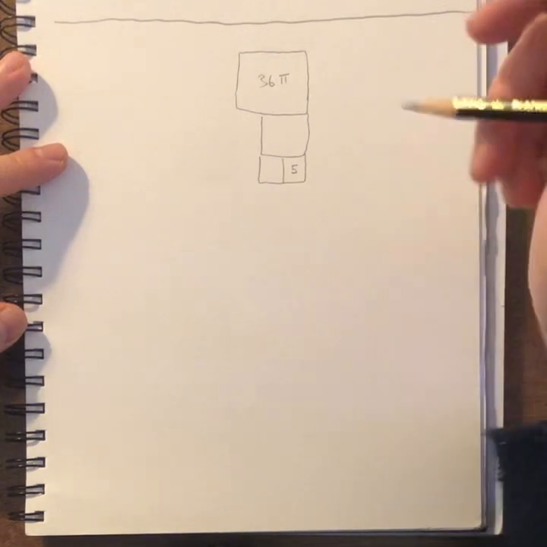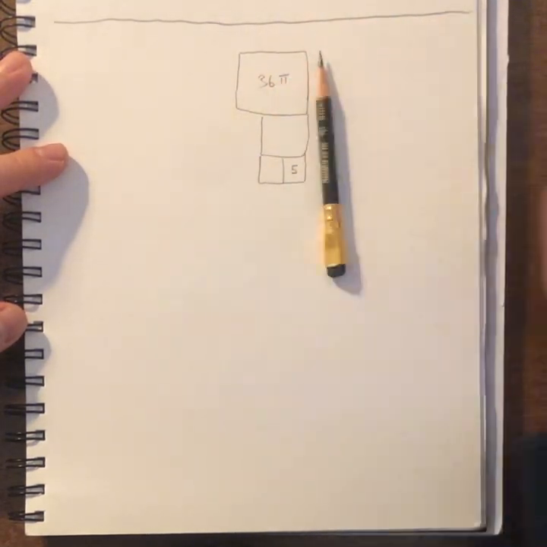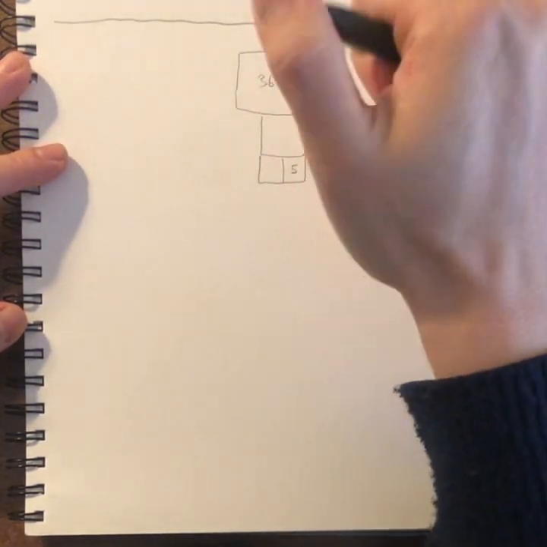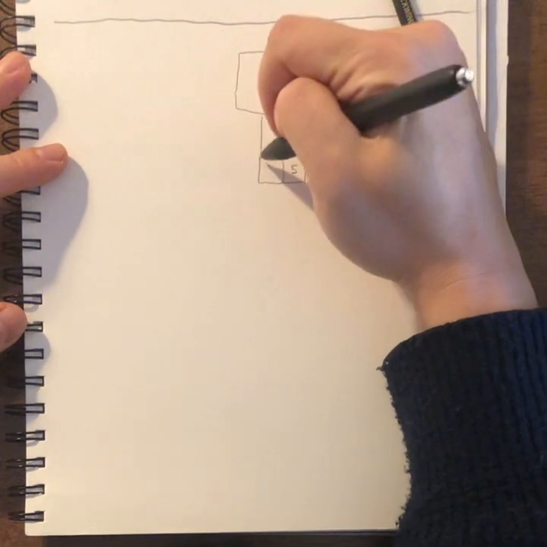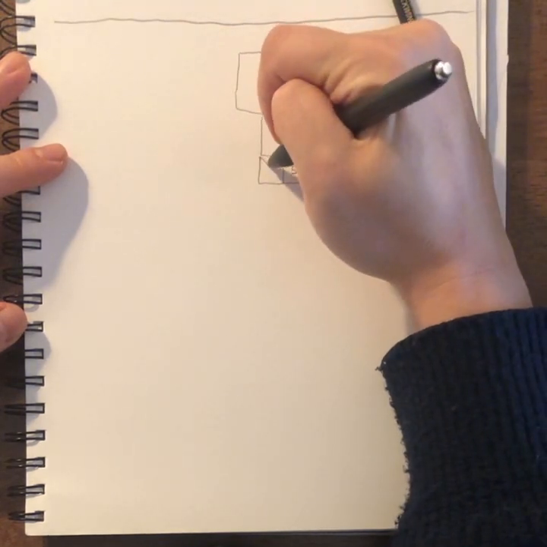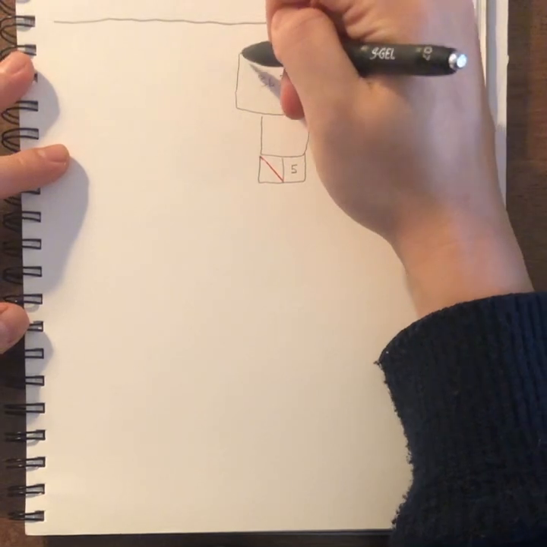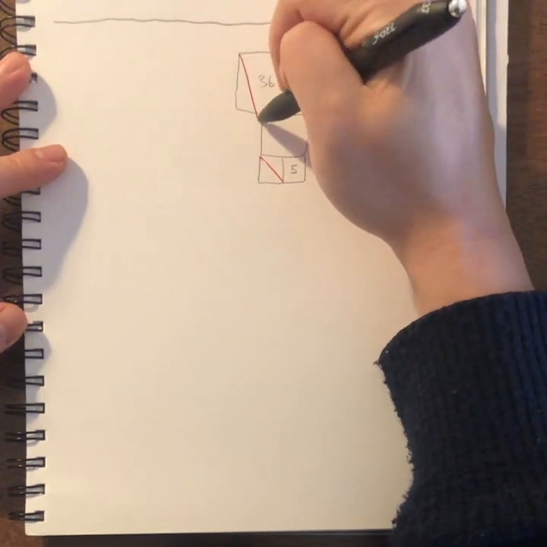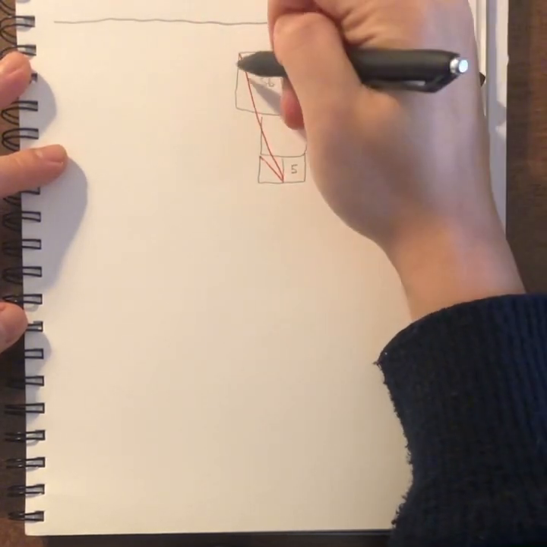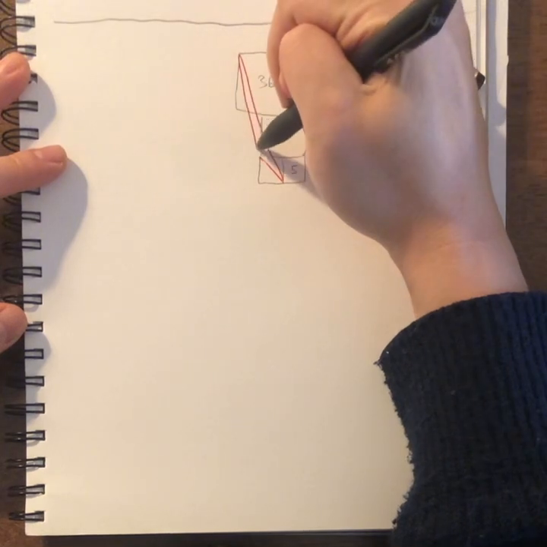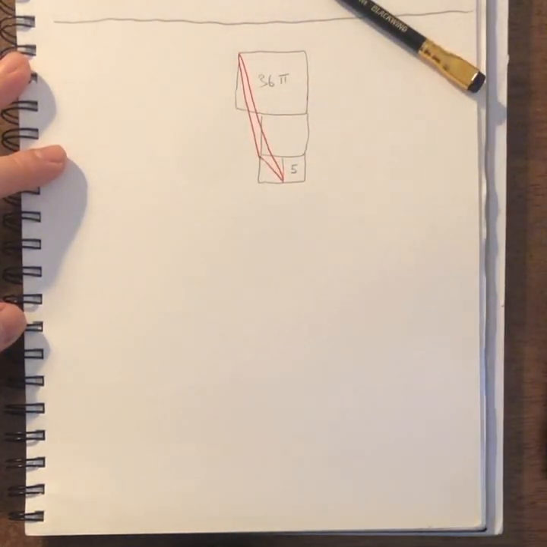If I remember correctly, the triangles were here. And then this one, I think, went all the way down here. This one went here. And then you're asked to find the area of that triangle.